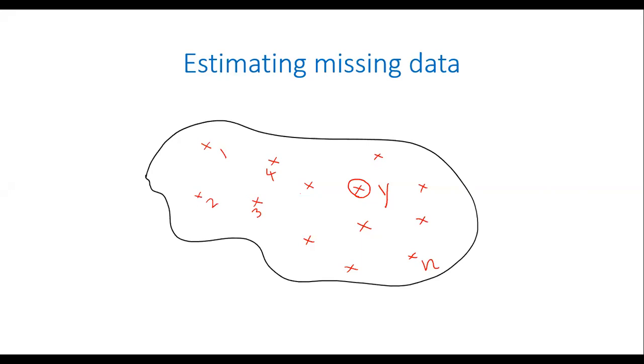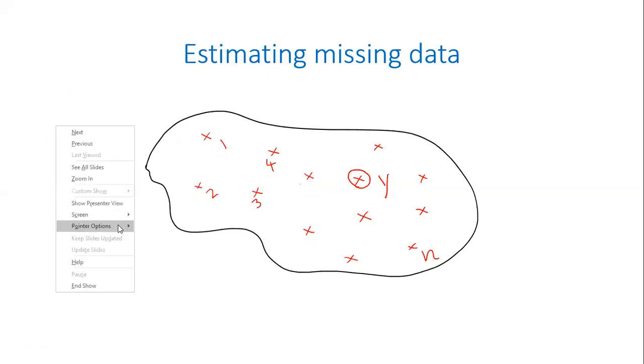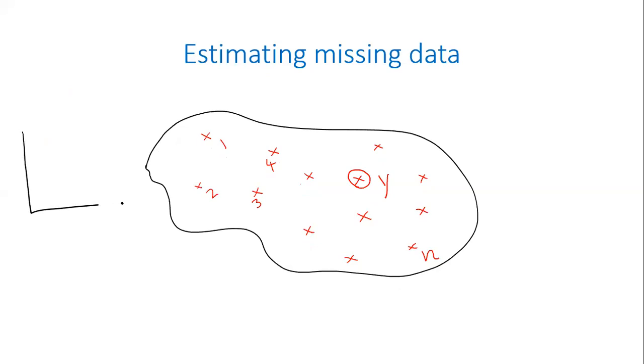So let me understand exactly what you're saying. One at a time. He's saying for location Y, have time on the x-axis and rainfall on the y-axis.